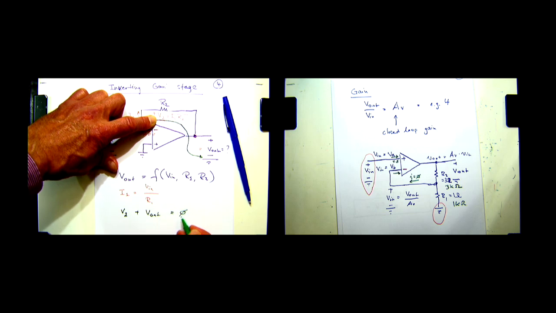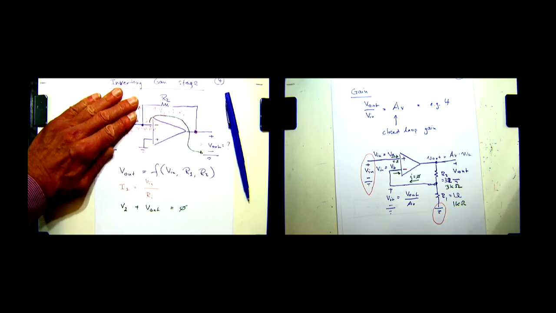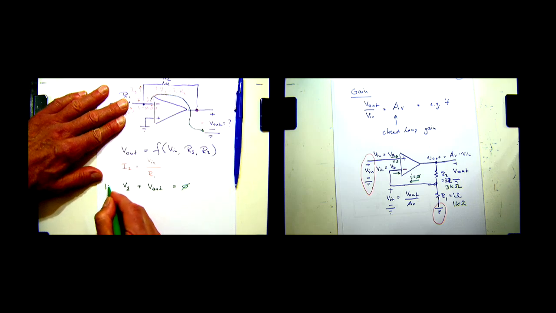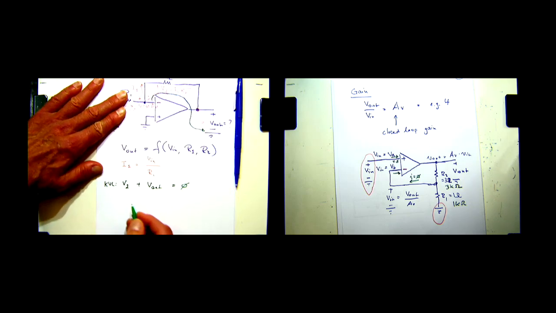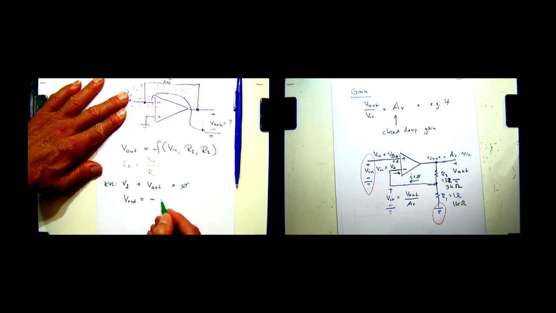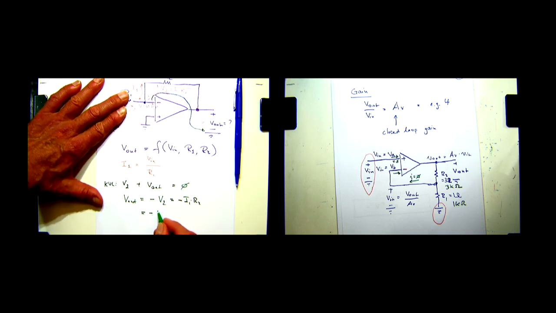And that completes our loop, right? So this is simple KVL. And therefore V out is equal to minus V2. And that is equal to minus I1 times R2. And that is equal to minus V in times R2 over R1.